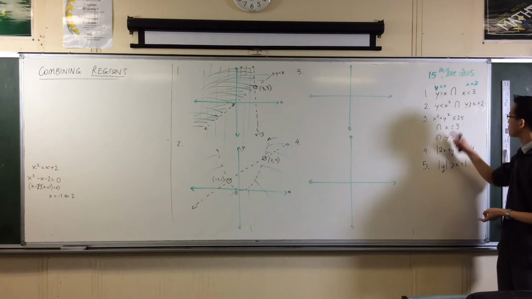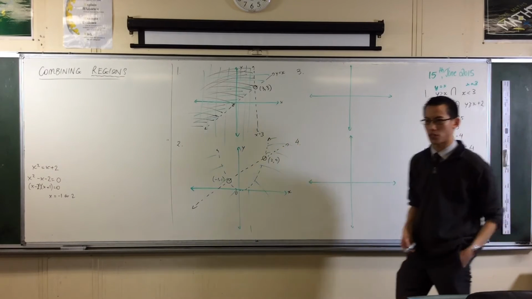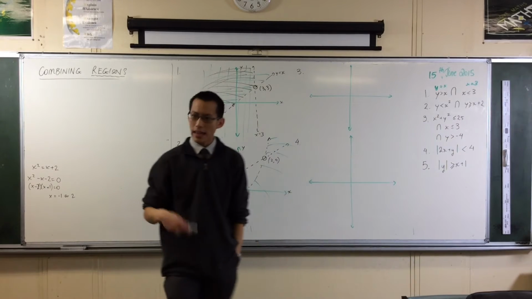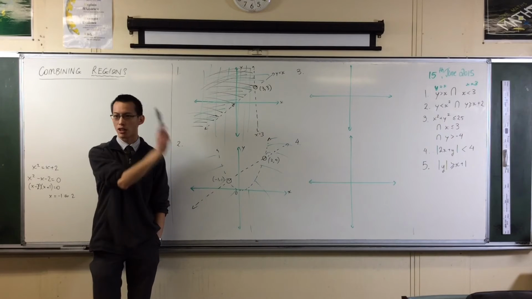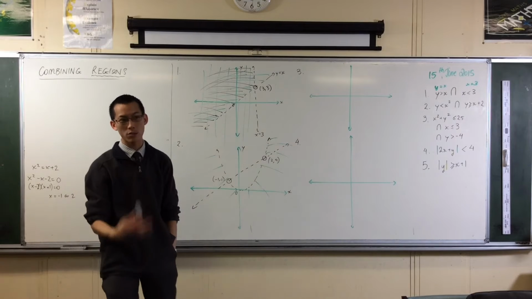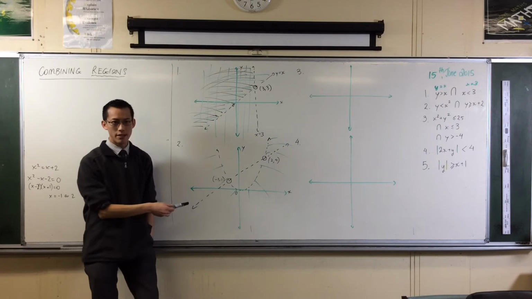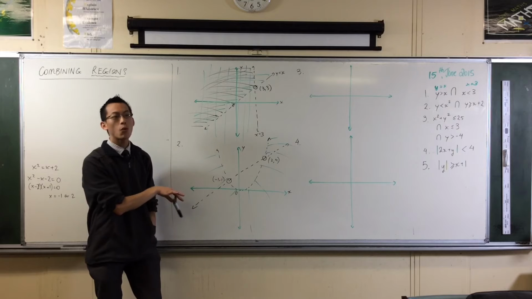Then I have y is greater than or equal to x plus 2. Now you'll notice, even though the boundary is included, y is greater than or equal to x plus 2, I have drawn it, for starters, without including it.